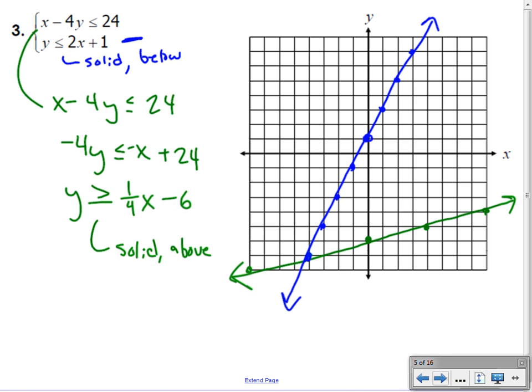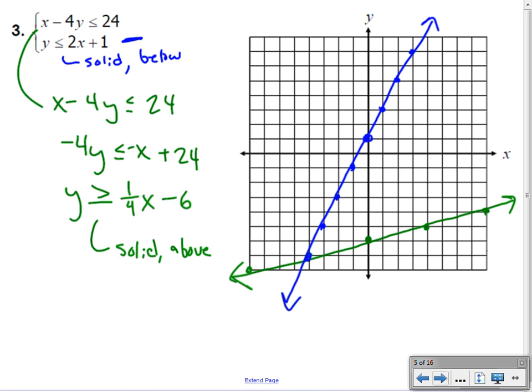Now, I haven't shaded yet. I want to show you a different idea here because sometimes it gets really messy when we have all this shading happening. So the way I like to think about it and do it is I like to graph each of them and then just think about where the overlapping shaded region is going to land. So we know that we're supposed to be shading above our green line and below our blue line.